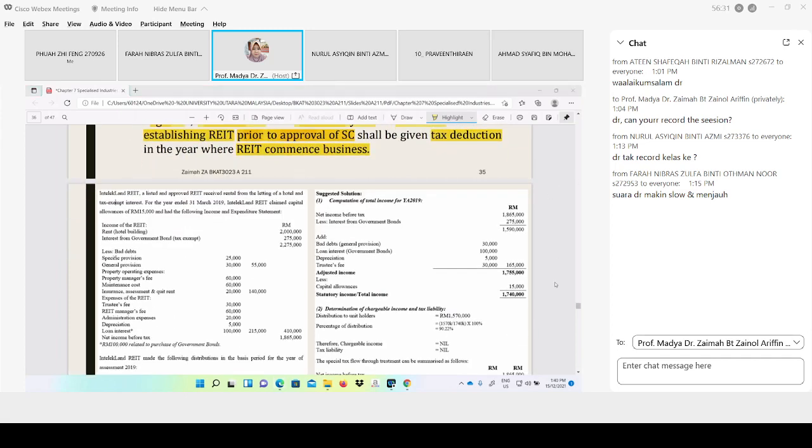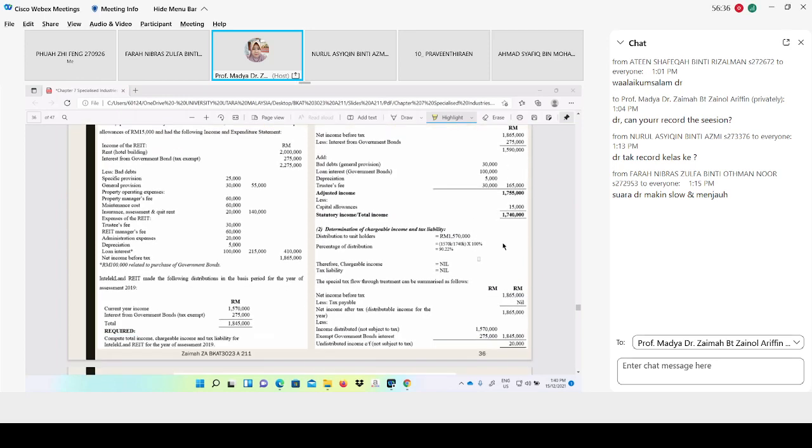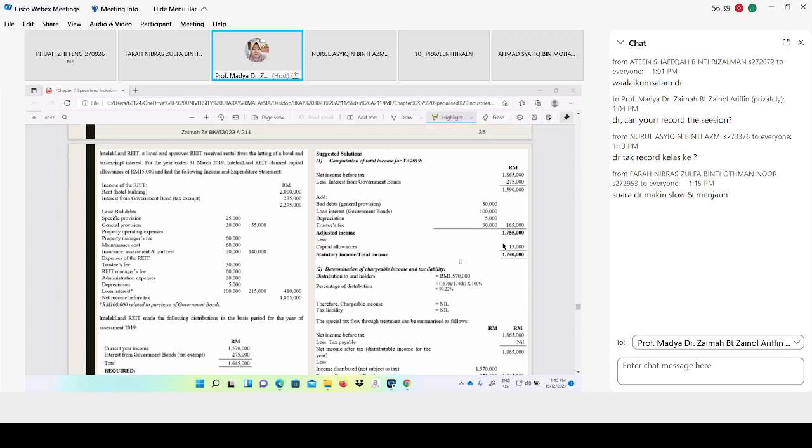Okay, look at the example here for REIT. You have the question on your left, and then you have the suggested solution on your right. Look at the question first to understand the situation. Intellect Land REIT, mentioned straight away, this is a REIT. A listed and approved REIT receives rental from the letting of a hotel and takes in interest.